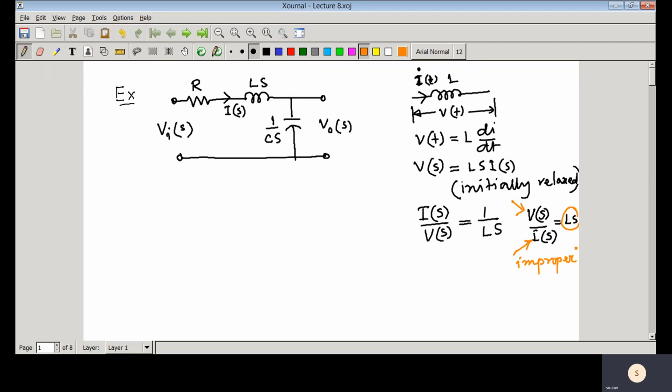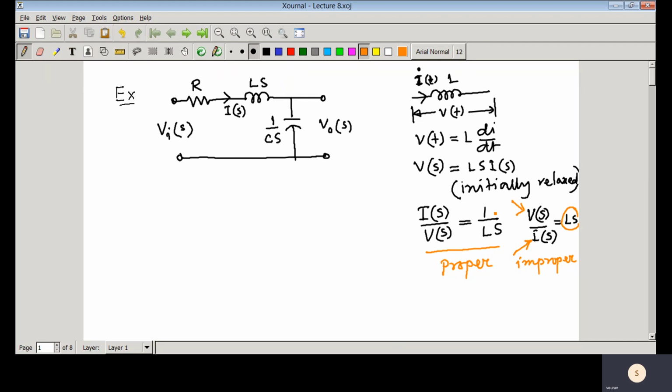So whenever you want to realize a circuit comprising any inductor, always try to realize that circuit in terms of a proper realization.